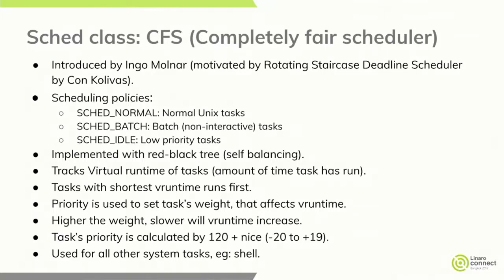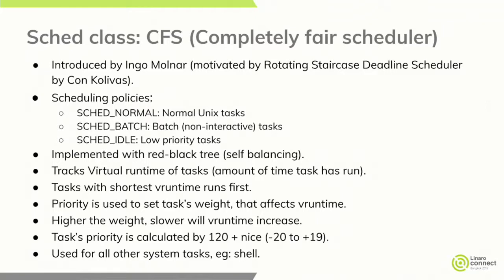The task priority is calculated as 120 plus nice. The nice value is, you can say, how nice a task is to all other tasks in the system. So a task with a higher nice value, like plus 19, is a task which is very, very nice to everyone. So it wants everyone else to run before itself.